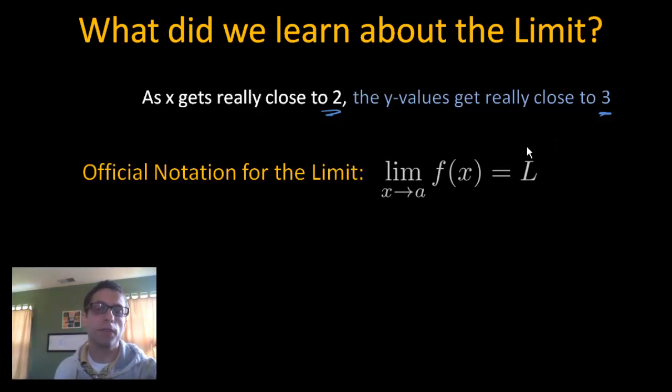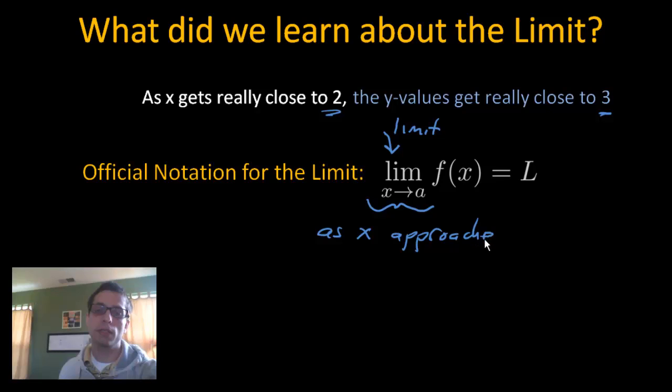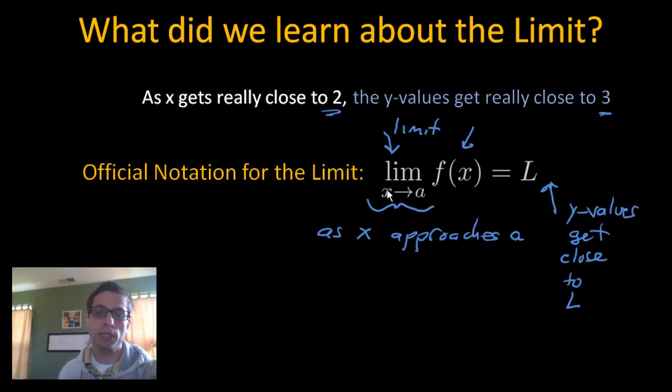So the official notation for a limit would look like this. LIM stands for limit. This notation says as x approaches a, so as x gets really, really close to some x value, and this is your function, the y values get close to L. So as you take your function and let x get close to a, your limit value L would be whatever y value you're getting close to.